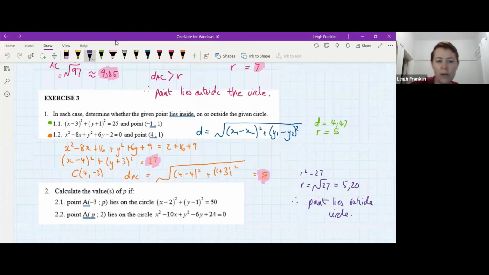Do you guys agree? Have I made a mistake? Yes, ma'am. Where did I make a mistake, Boutle? Ma'am, isn't the square root of 16 4, ma'am? Of course it is. Sorry, I don't know.